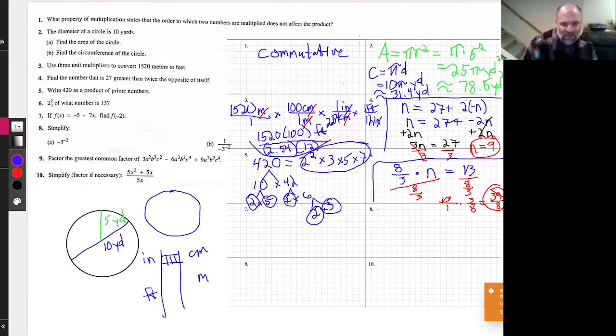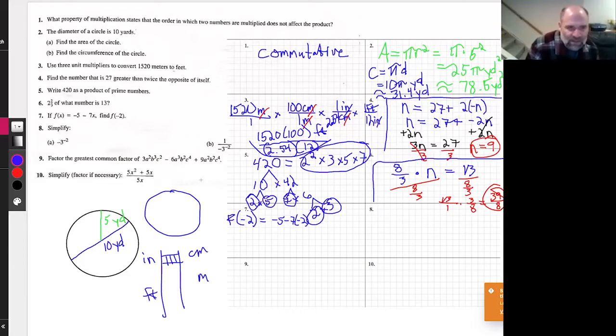So f of -2, I'm going to do the same thing that function did with x. So f of -2 is -5 minus 7 times -2.